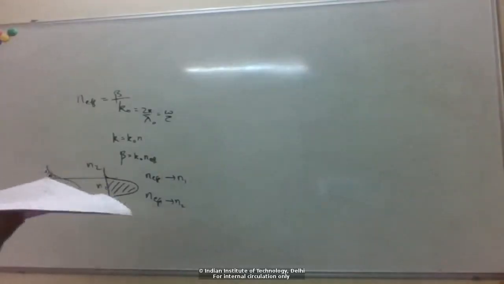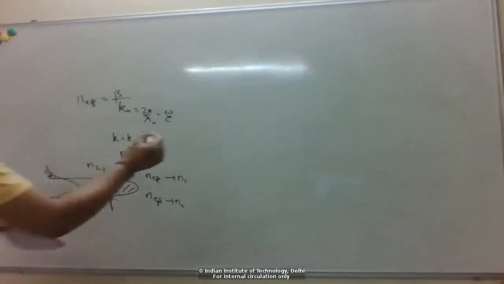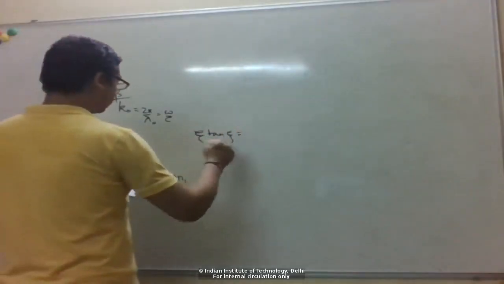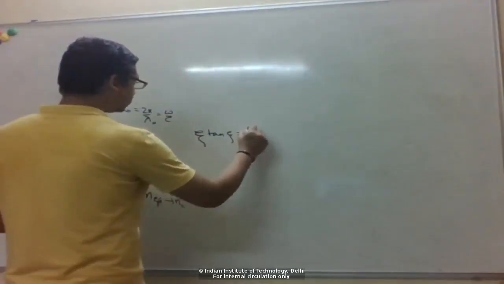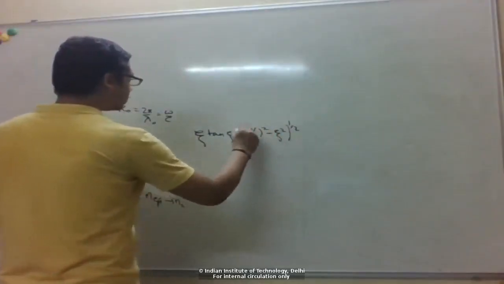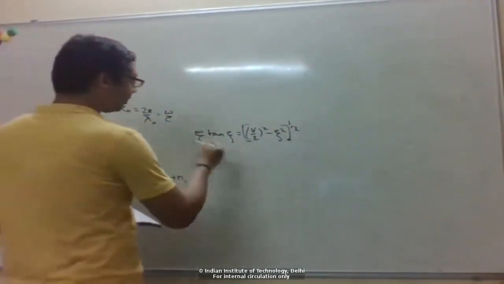So for the step index, recall that we had to solve this transcendental equation to get beta. The solutions of this gave us beta.